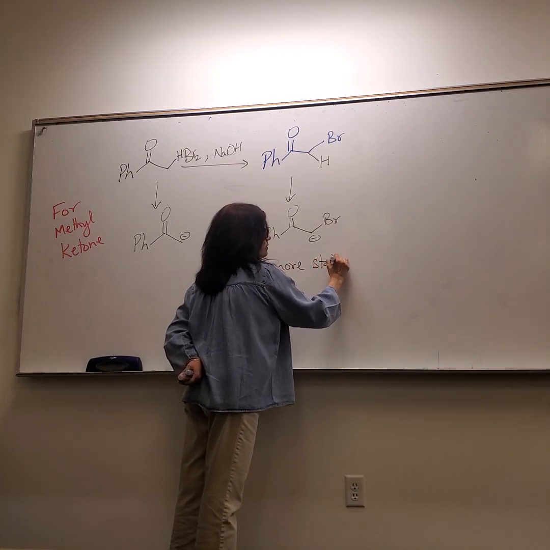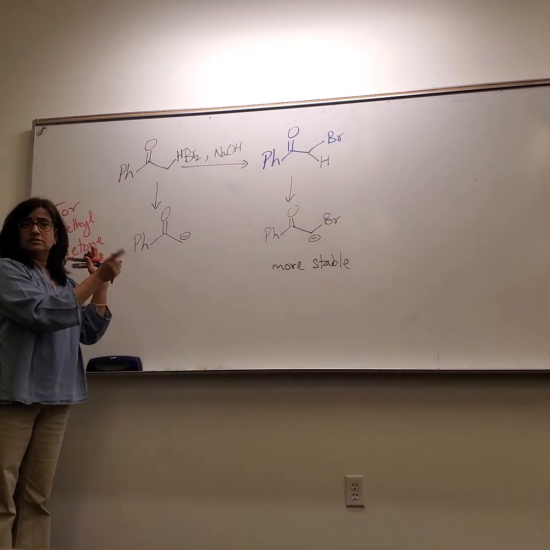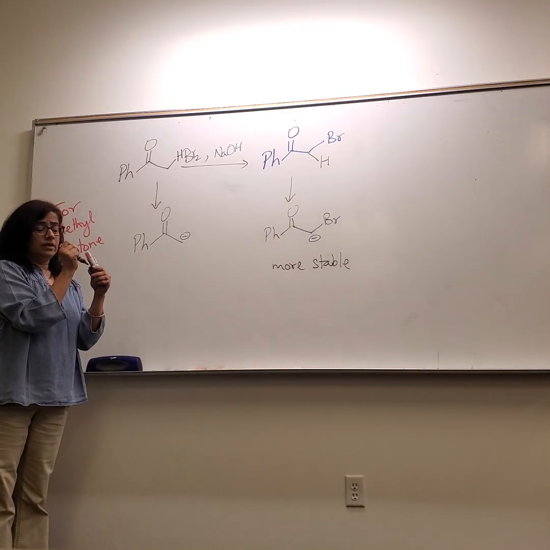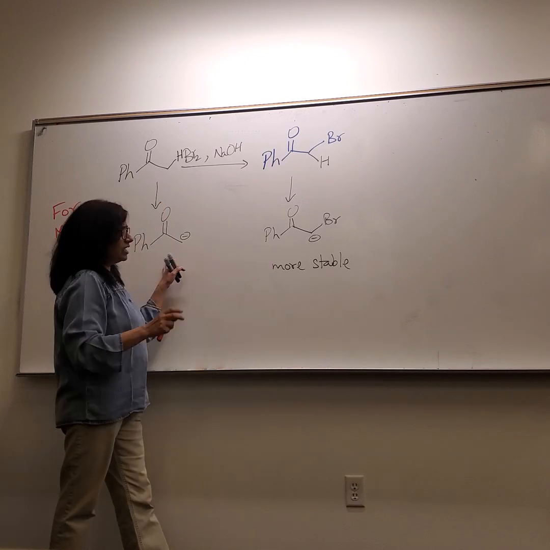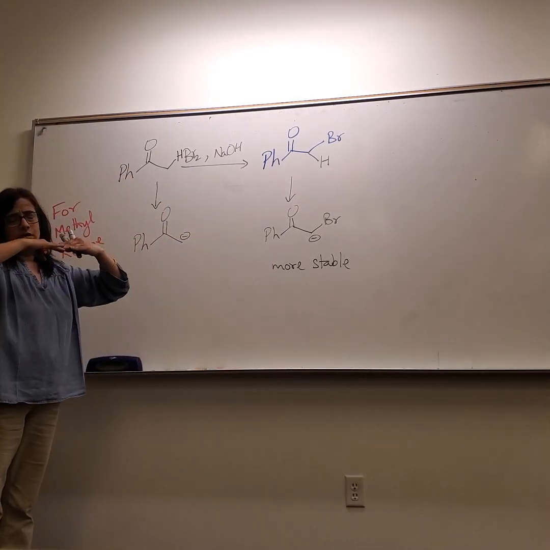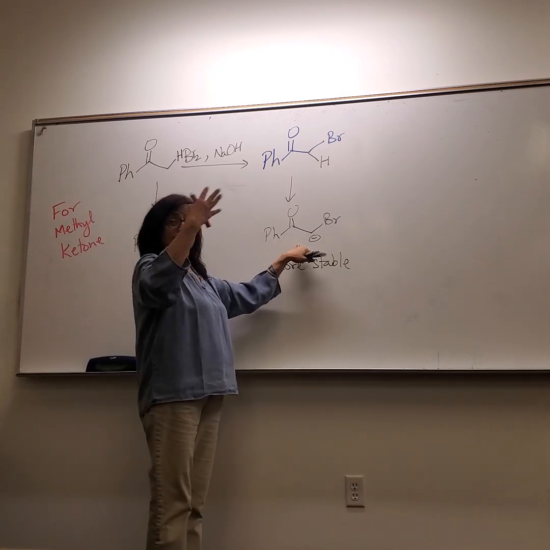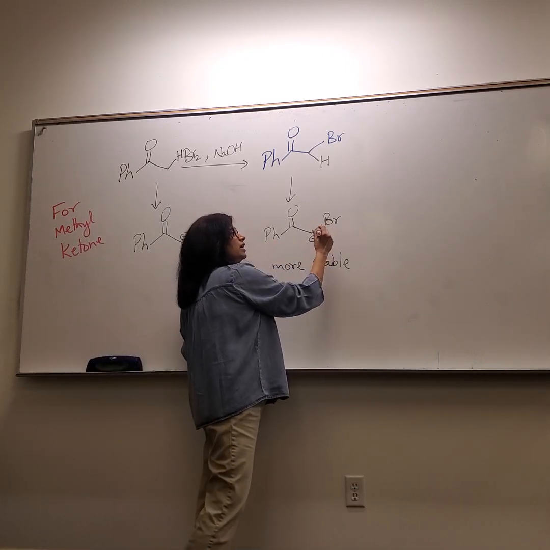So, good. Guys, do you all see that they both have resonance? Does everybody see that? They both have resonance. They both can do O minus because they both can do that. So that's common. But what does this have extra? The bromide. Br. And what does Br do?